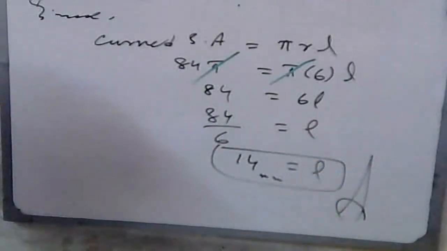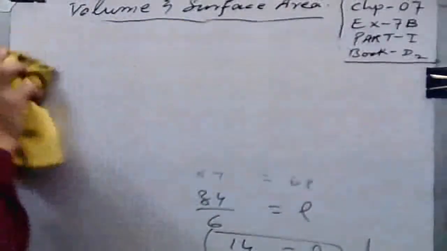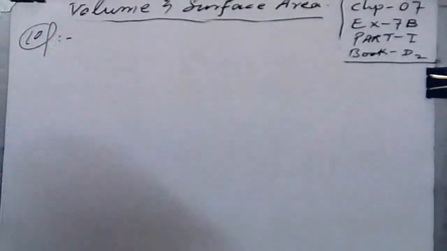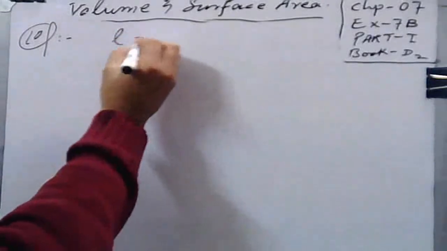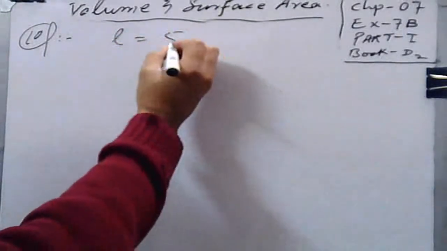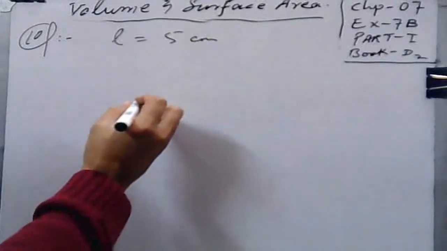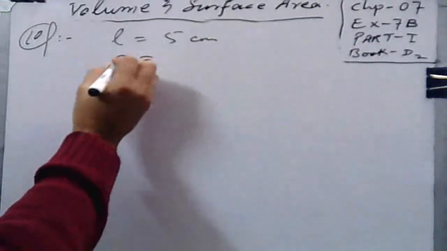Coming to question number 10. An open cone has a slant height 5 centimeter. So it means L is 5 centimeter, and radius of base R we have to find.